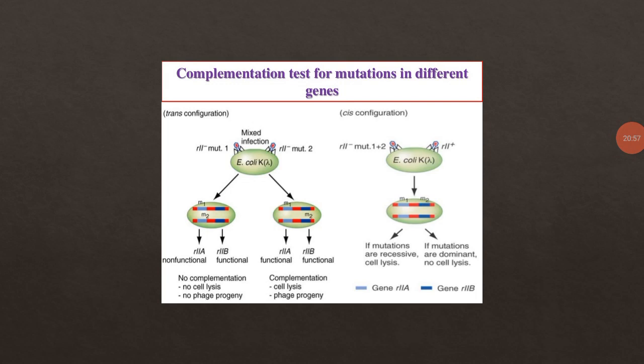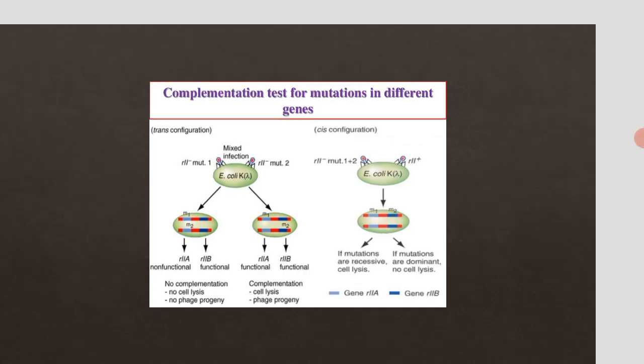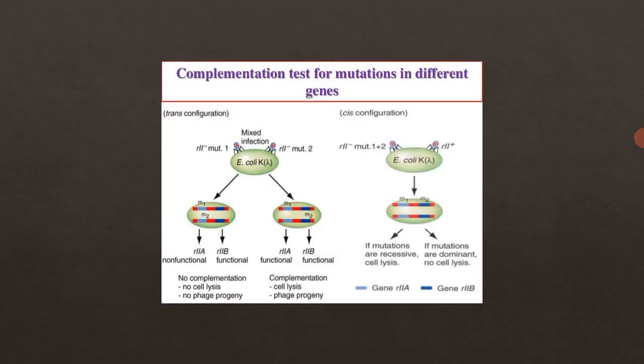In the trans configuration, both the mutations are present in different genes, and in the cis configuration both the mutations are present in the same gene. Due to these various configurations, this complementation test can also be called the cis-trans test. And the important term is the cistron, which was coined by Benzer.